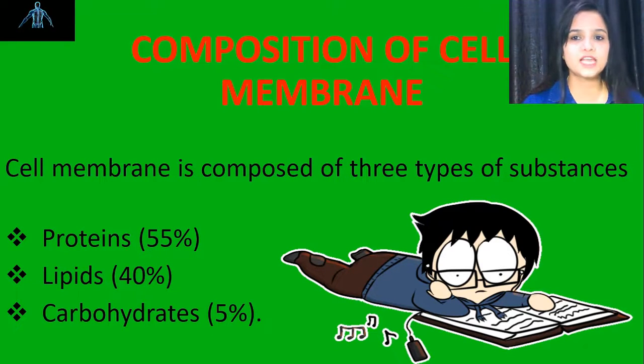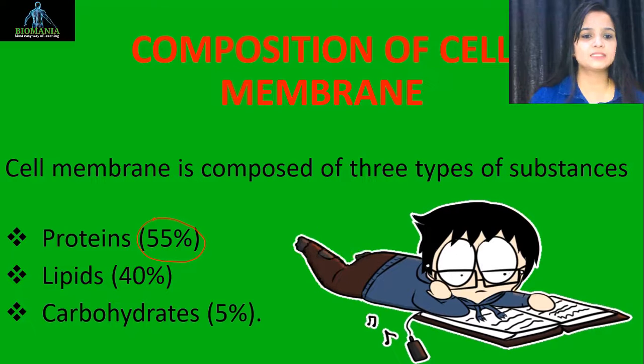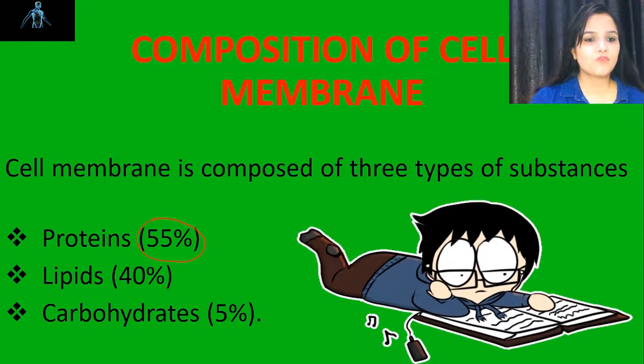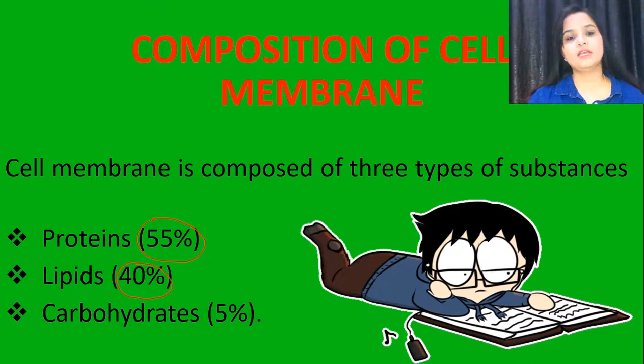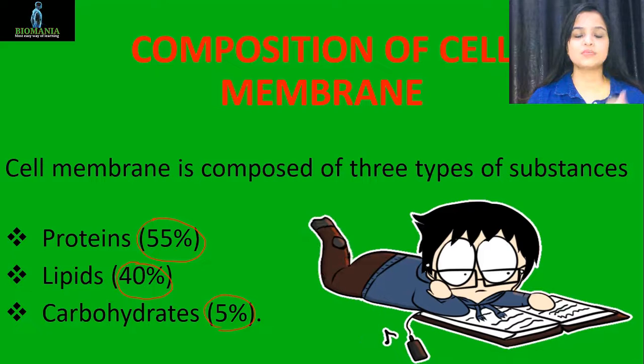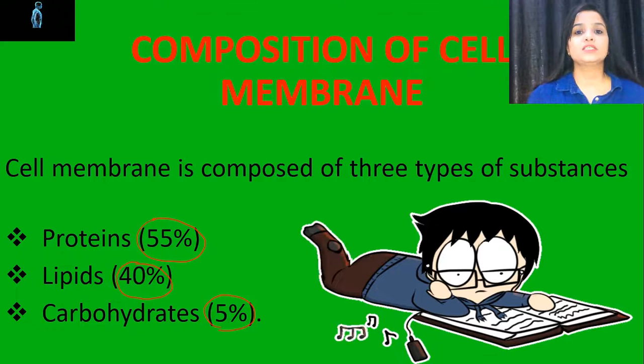What is the composition of the cell membrane? In the case of the cell membrane, the percentage of protein is 55%, the percentage of lipid is 40%, and carbohydrate is only 5%. So the highest amount is protein because it contains so many intrinsic proteins, because it needs so many protein channels.